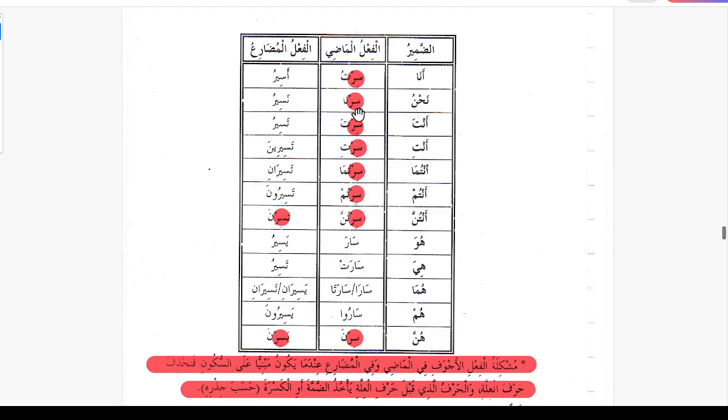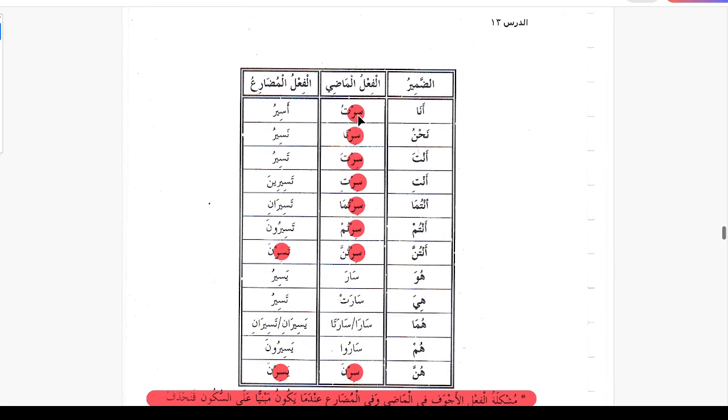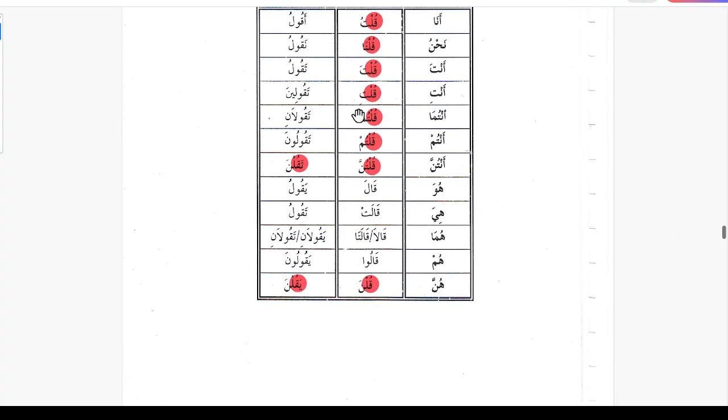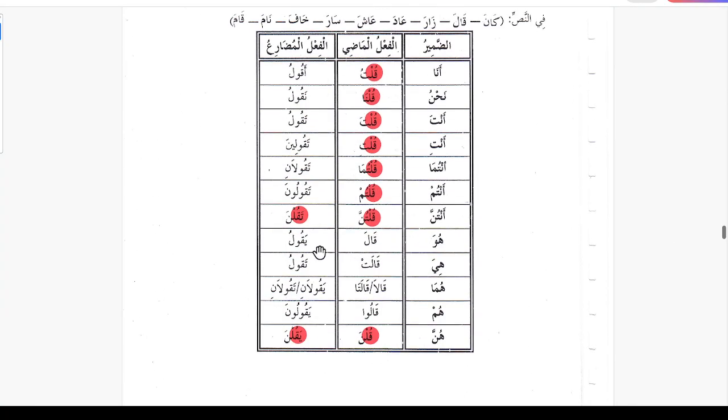So the first letter takes a kasra. Why is that? Because in the case of kala, in the fail mudare, the kaf has a dhamma. So for these cases where we have the past tense mabni ala sukun, the kaf changes to ku, like in the fail mudare.